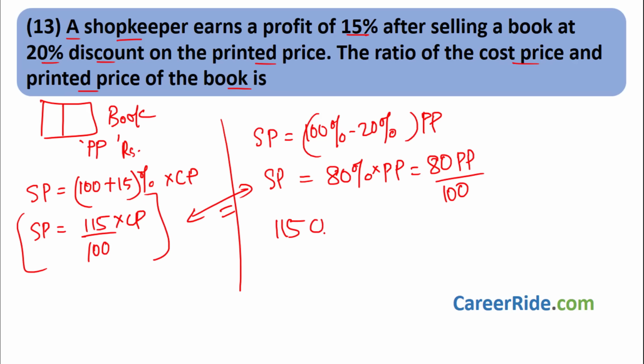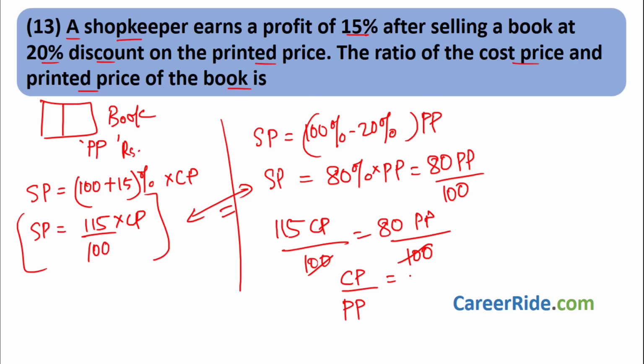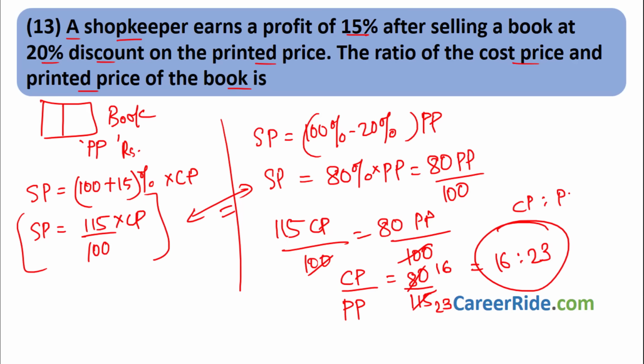So what do we get? 115 CP upon 100 equals 80 PP upon 100. This gets cancelled. Cost price upon printed price would be 80 upon 115, that is 16 upon 23. So 16 is to 23 is the ratio of cost price to printed price.